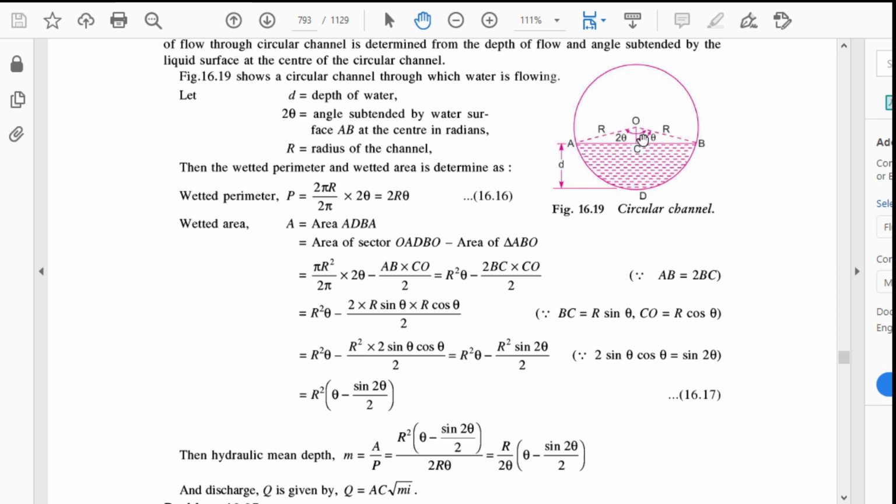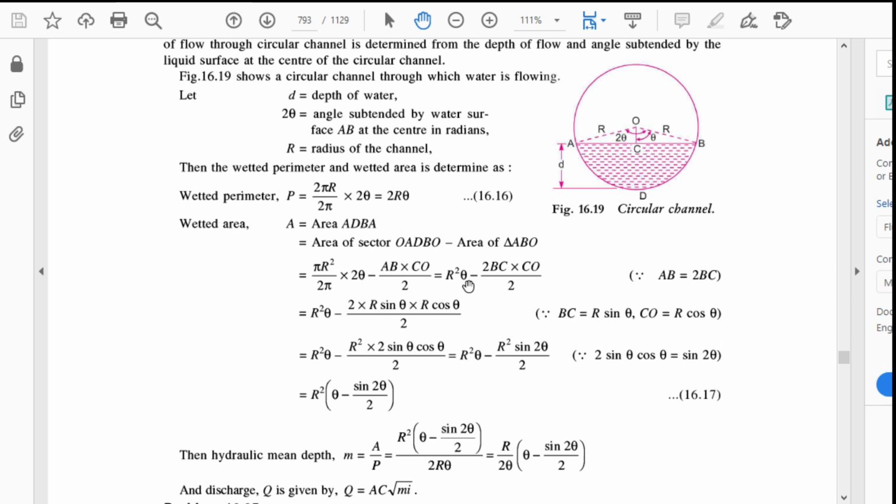That 2 will get cancelled and the remaining value is only r square theta. If you are not understanding this, you can directly apply the formula for the area of a sector, that is half r square into theta. Remember only one thing: theta must be the angle subtended by that sector only.